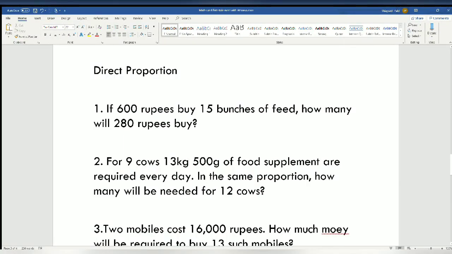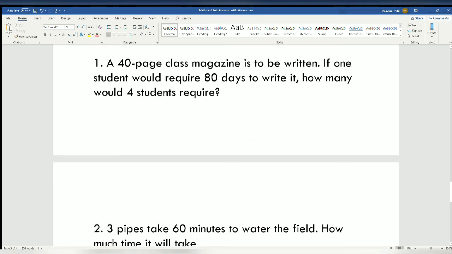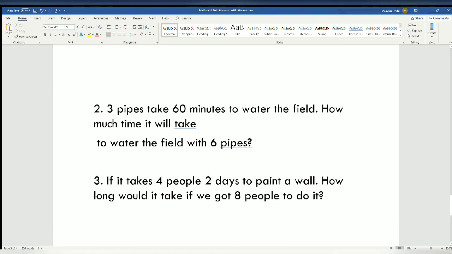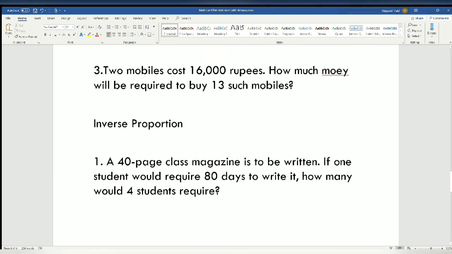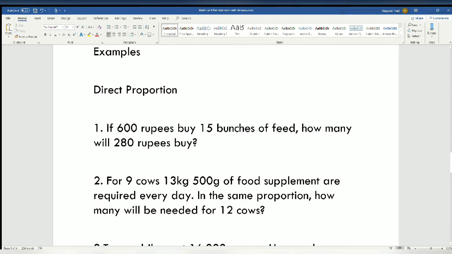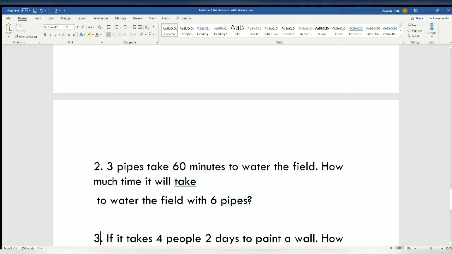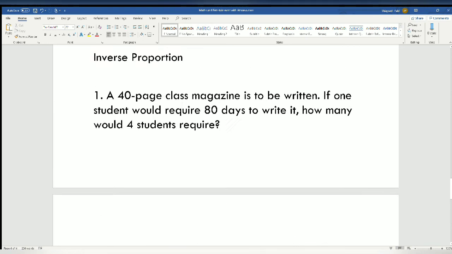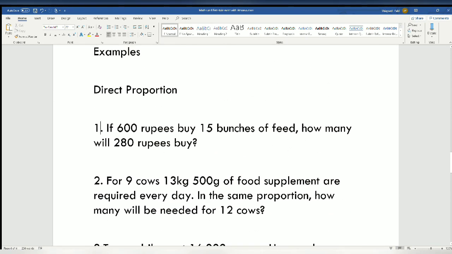So guys, these are the examples. Sorry, because of the font they are not fitting in one page.